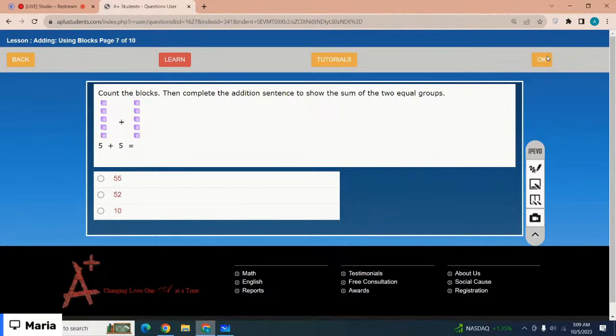Okay, the next one is count the blocks. 5 plus 5. So which is the correct option?